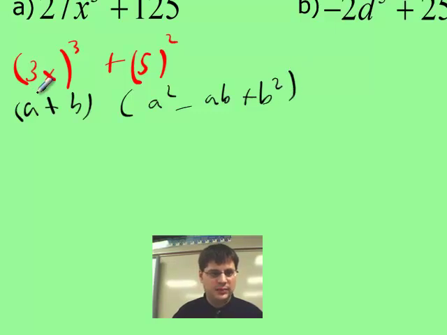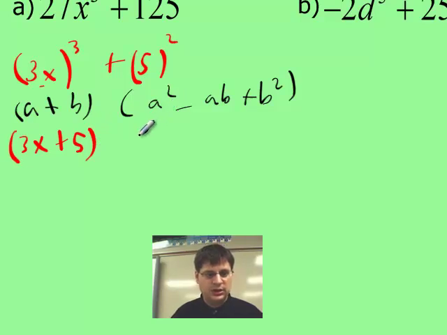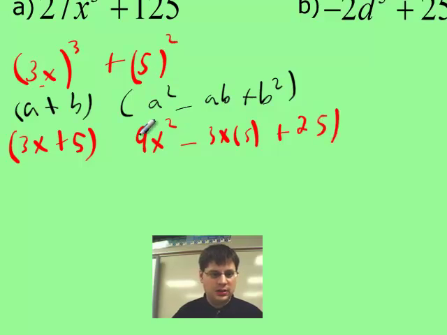So a is 3x plus b, which is 5, and then over here a squared, so it's going to be 3x squared, or 9x squared, minus a times b, so that's going to be 3x times 5, plus b squared, so if b is 5, 5 squared is 25.